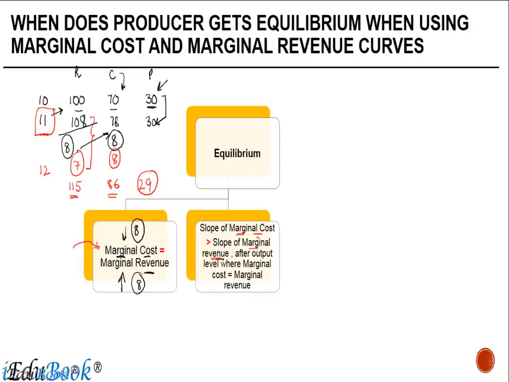What the slope of marginal cost being greater than the slope of marginal revenue means is that the marginal cost that you have, which is 8 rupees, is more than the marginal revenue, after the level where marginal cost is equal to marginal revenue. So my marginal cost was equal to marginal revenue at 11. Any additional unit that I produce is going to have an increased cost vis-a-vis the revenue, and therefore my profits are going to decline.